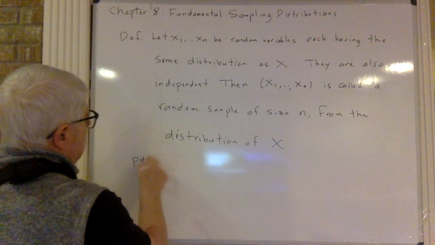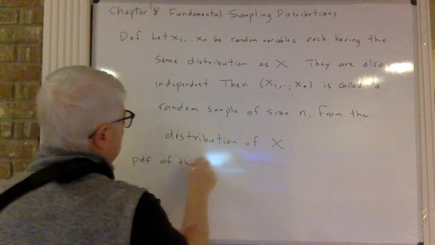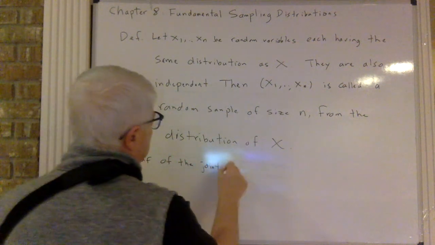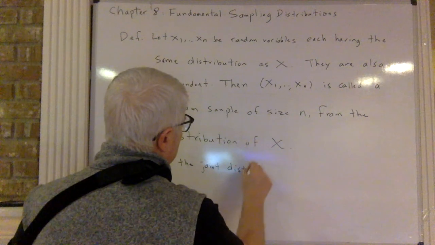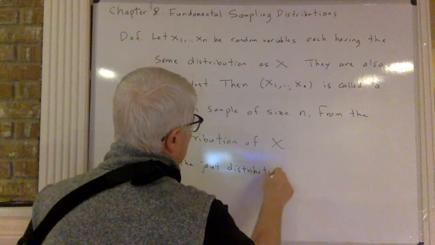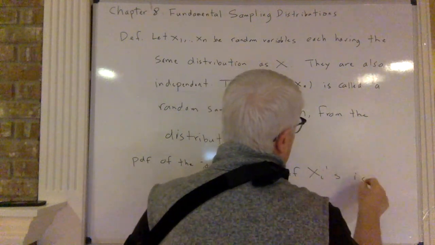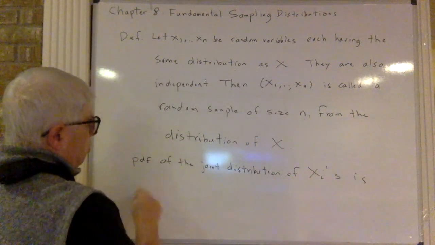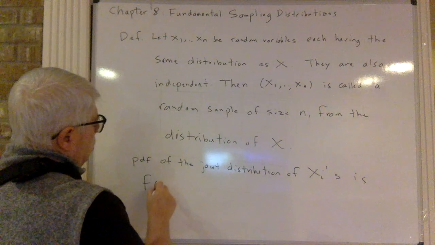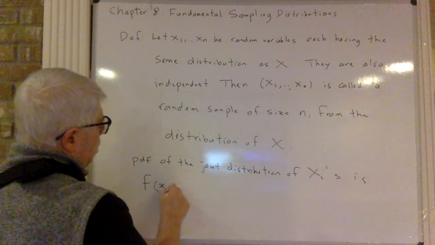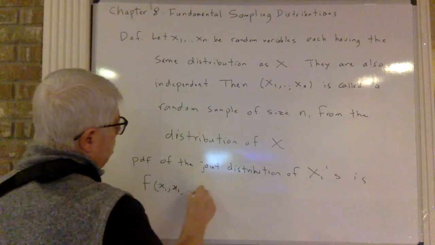So the PDF of the joint function of xi's is, we usually use f for that, f of x1, x2, xn.